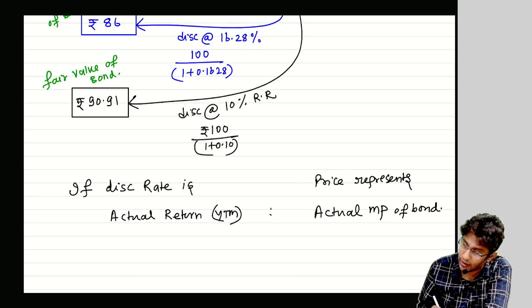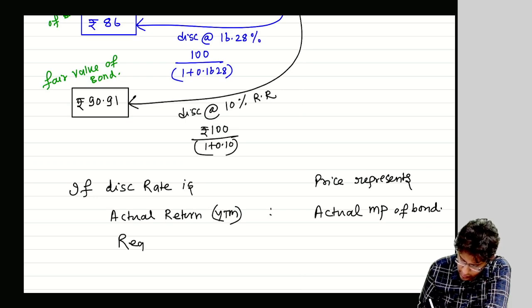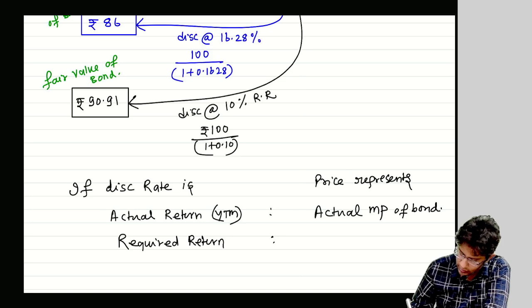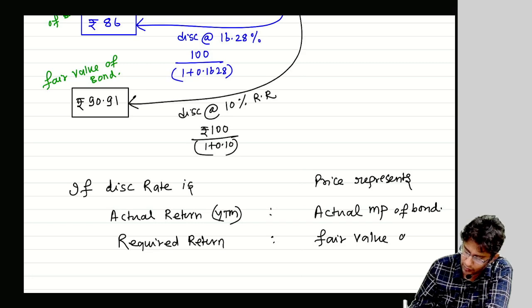If your discounting rate is required return, it will give you the fair value of the bond.